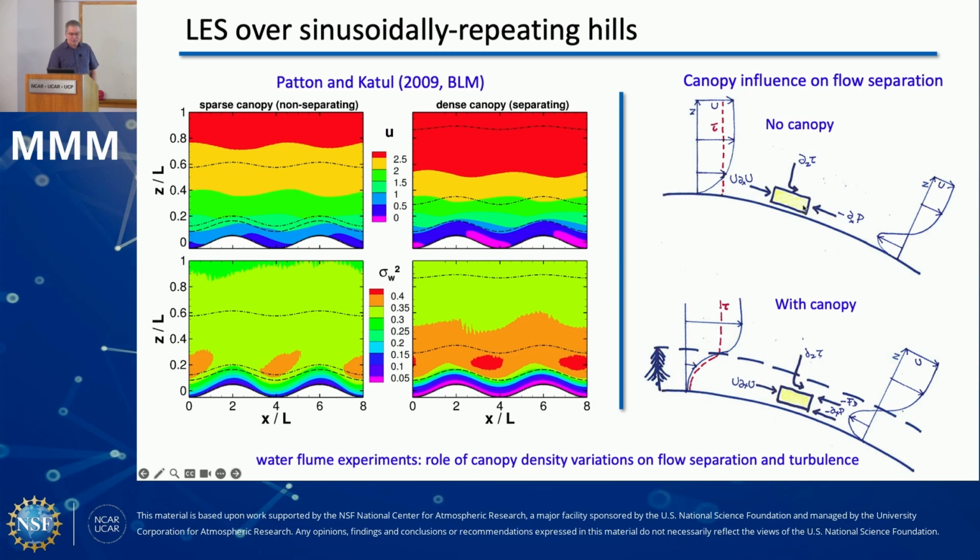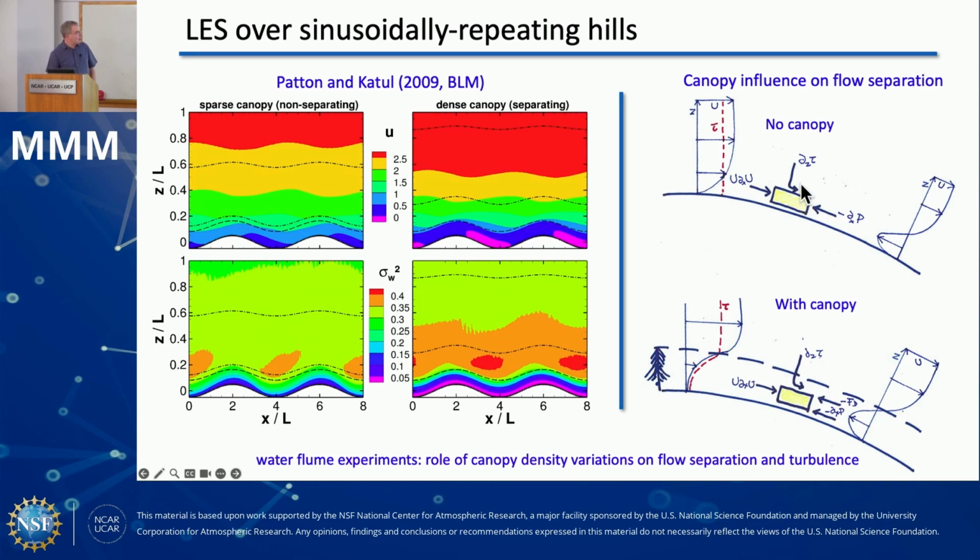So in the absence of a plant canopy, there on the lee side of the hill, you're going to have advective motions moving momentum into this region. You're going to have a negative pressure gradient countering that flow, and downward transport of momentum by turbulence.